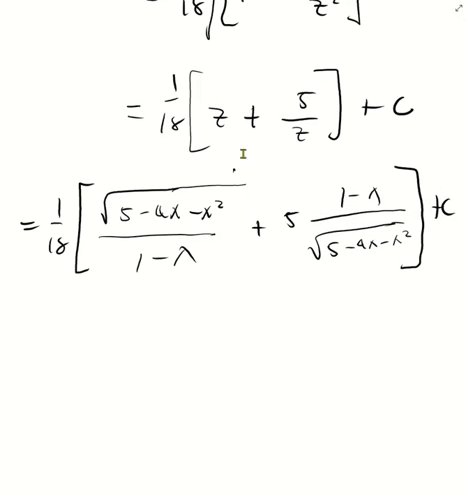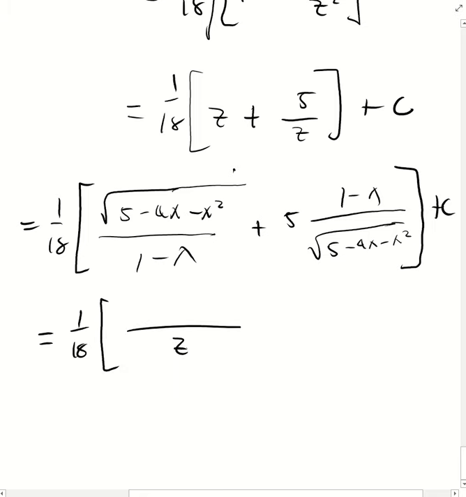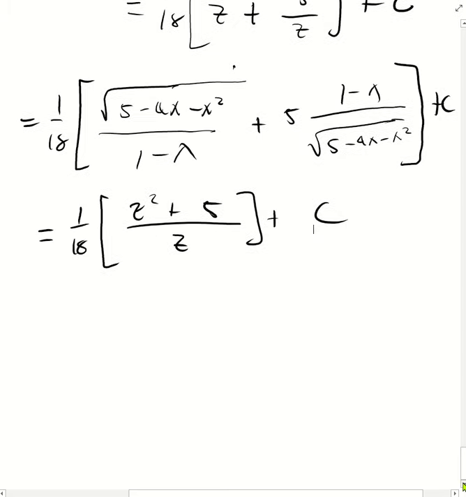Or before we do the substitution, it's easier if we first simplify in terms of z first. So we can still add this one, z times z squared plus 5, so that our substitution will be simpler. And this will be 1 over 18 times z squared.